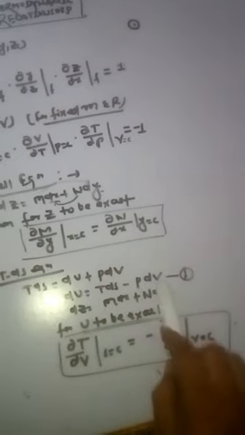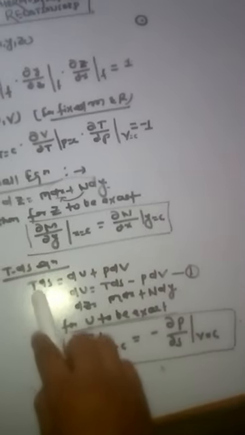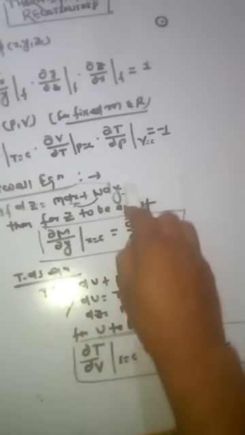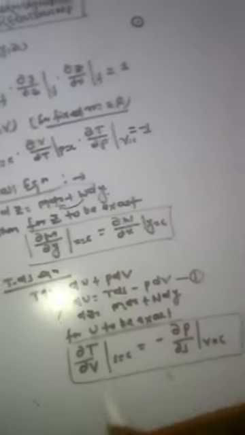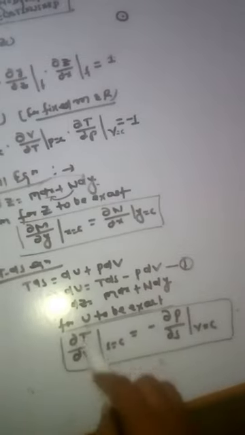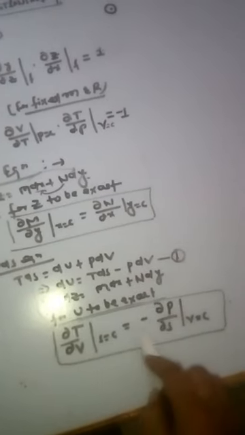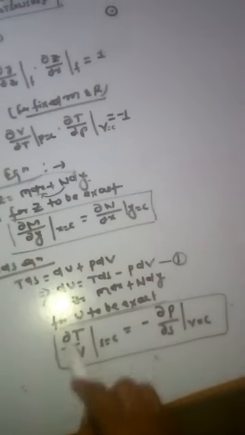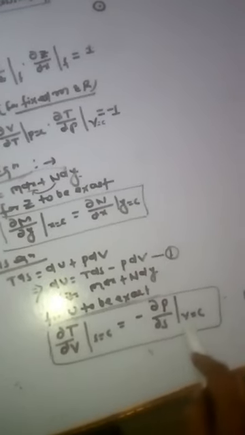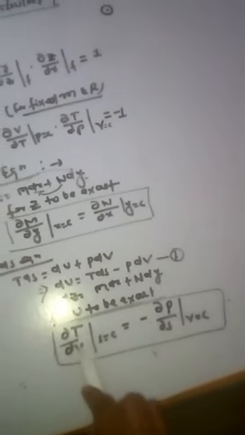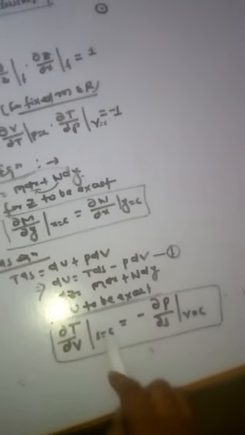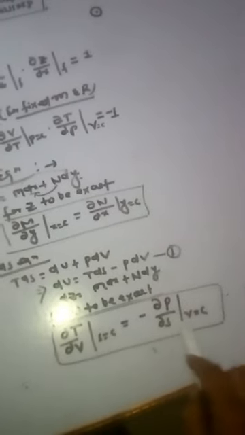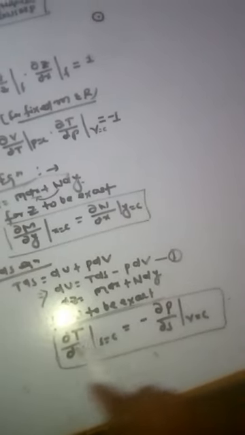This is very easy to remember. You need to know this basic equation. Comparing, we get del T by del V at constant S is equal to minus del P by del S at constant V. Look at the denominators: on the left, volume is varying and S is constant; on the right-hand side, S is varying and volume is constant.